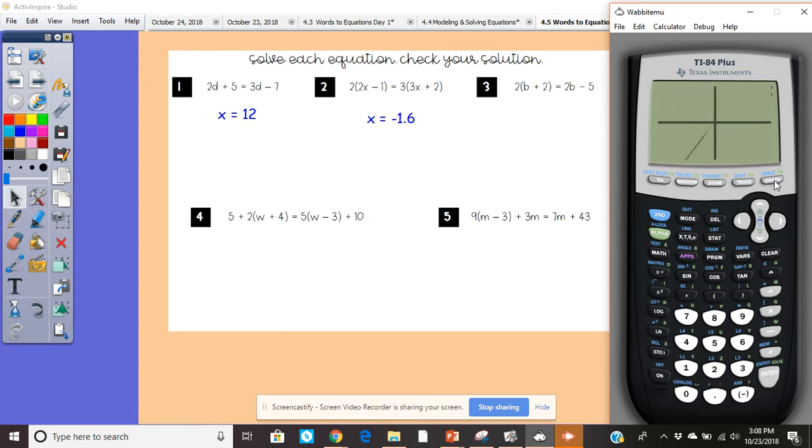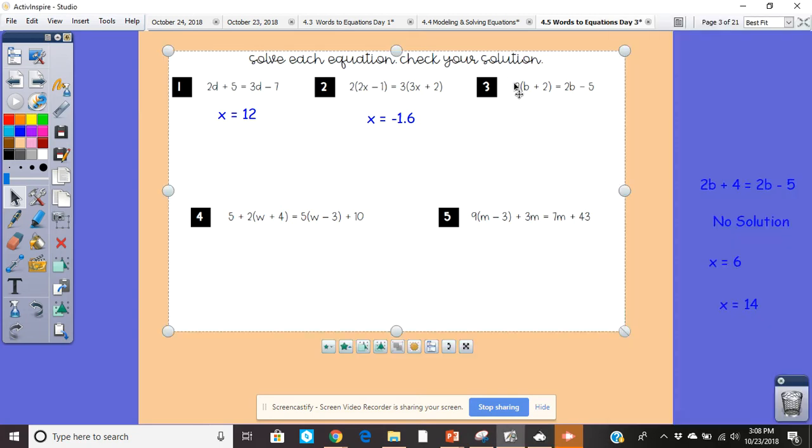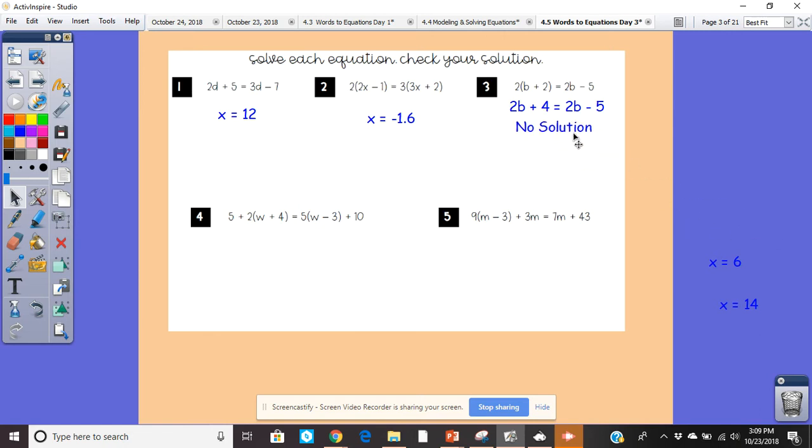You'll notice that when you graph it, that these lines are perfectly parallel. And so if you would distribute this 2, you would see that the equation is 2x plus 4 equals 2x minus 5. So remember, if your slope is the same, but your y-intercept is different, those are parallel lines, so there is going to be no solution.